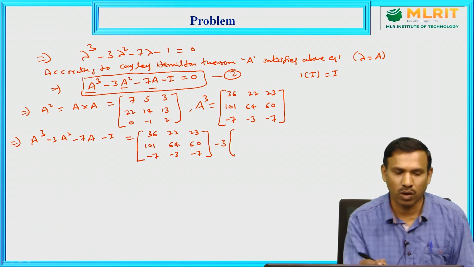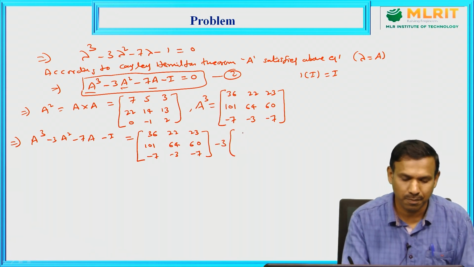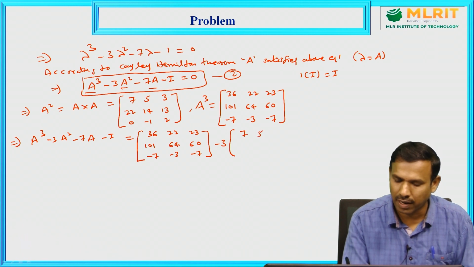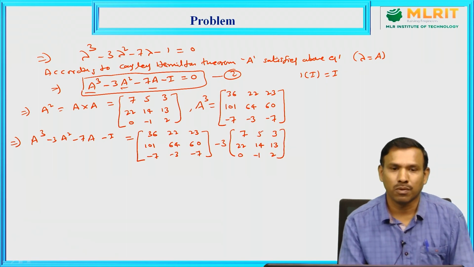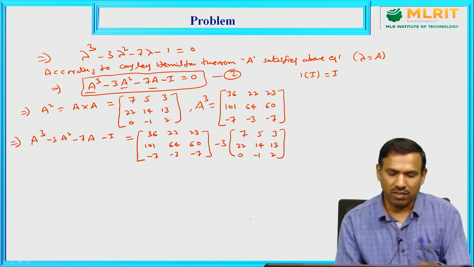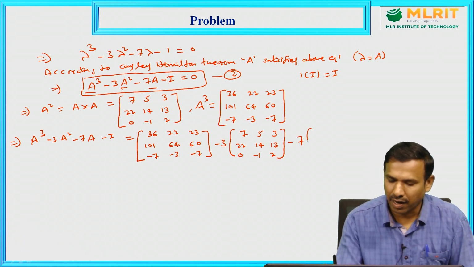We have the A square value which is predetermined, 7, 5, 3, 22, 14, 13, 0, minus 1, 2, right? Minus 3A square minus 7A, A means the given matrix.